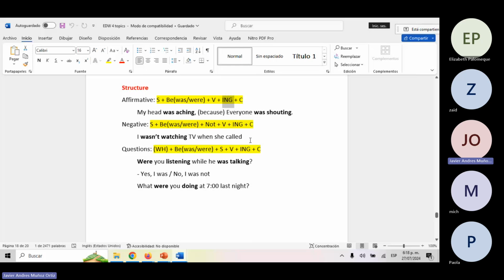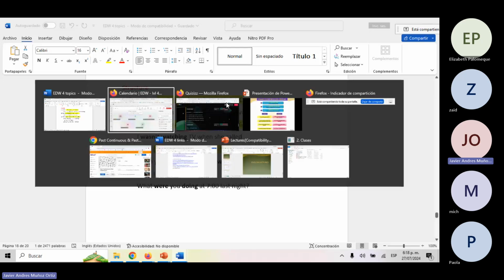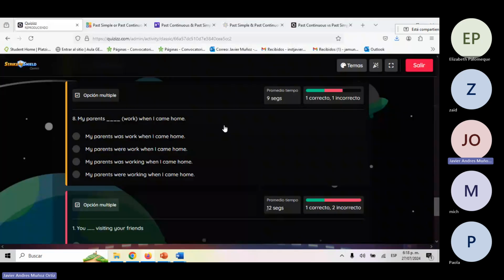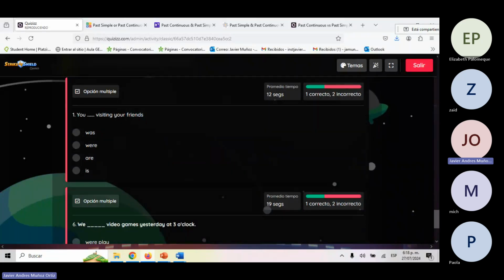In Spanish it would be estaba corriendo, estábamos manejando, estaban viviendo, and so on. This ing means endo, yendo, ¿no? Caminando, corriendo, riendo, escribiendo, alimentando, and so on. So that's why the only acceptable possibility here is my parents were working, because it's they. Let's go with the next one.